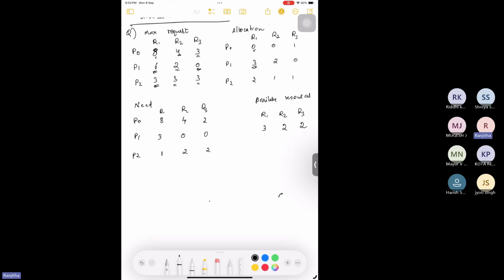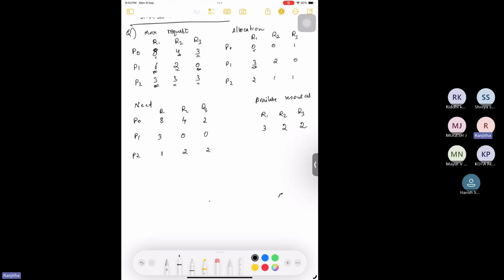Okay, so now from this information, we need to find out if there is a possible scenario wherein we can schedule these requests such that all the three processes can go to completion. Is there a way we can meet this need? In which sequence do we need to process them?